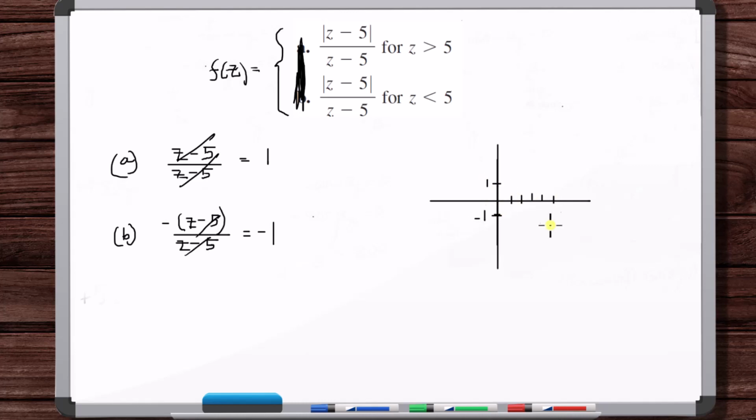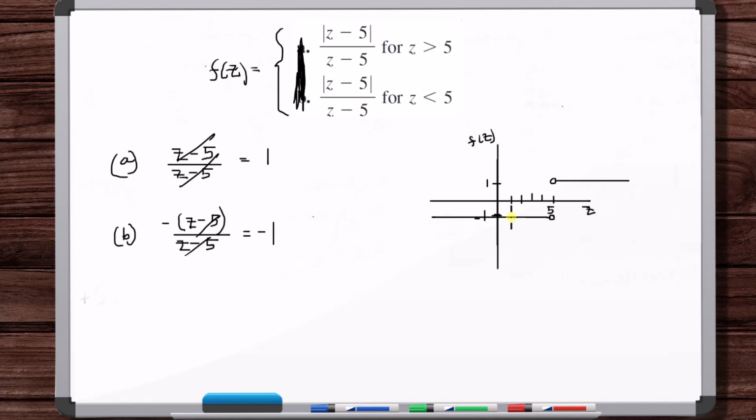Okay, this is if z is greater than 5, equal to 1. If z is less than 5, equal to minus 1. But it's undefined when z is equal to 5.